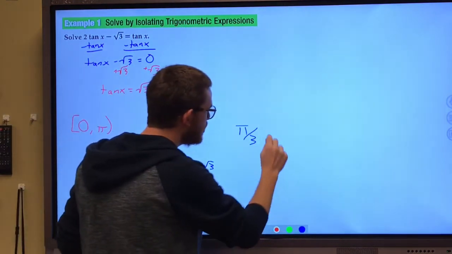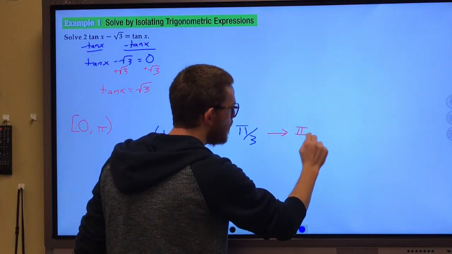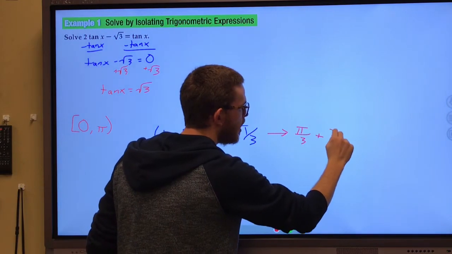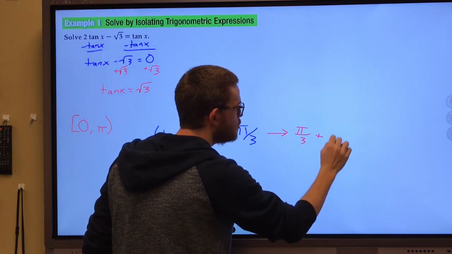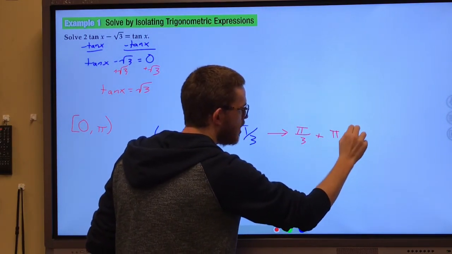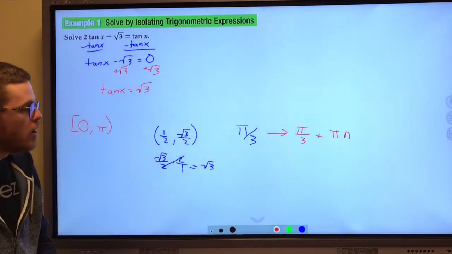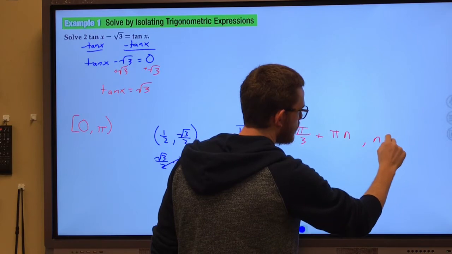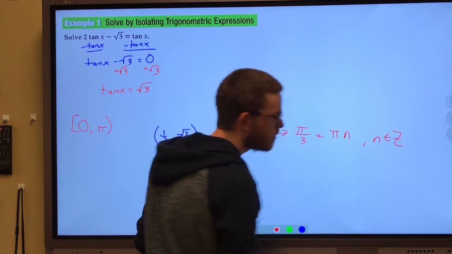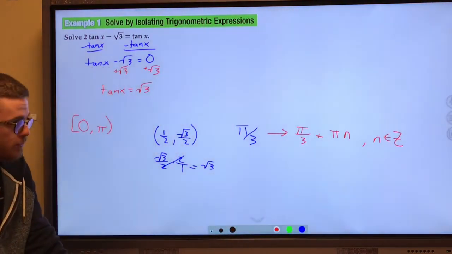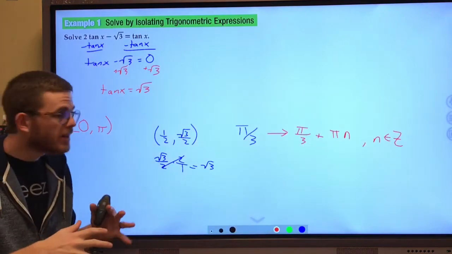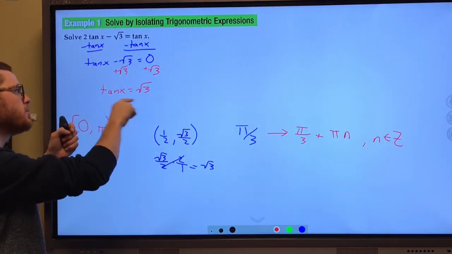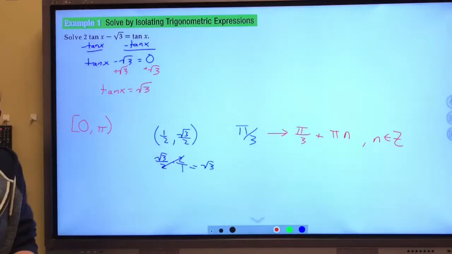And it's every multiple of pi, not 2 pi. Every multiple of pi where n is an integer. So, again, we were looking to get tangent by itself. We're thinking about, okay, what values for tangent give me the square root of 3?